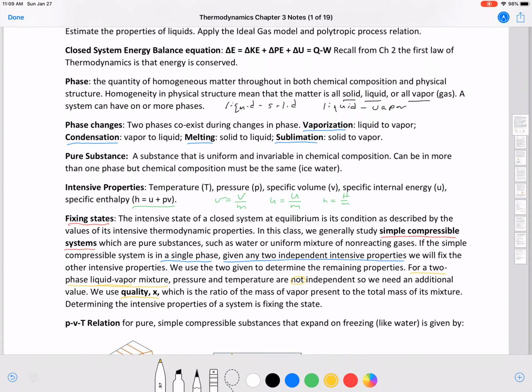We'll see some other formulas we can use to find that, but essentially we're just finding where we are in the vapor dome, which we'll get to in just a minute, and it'll make more sense. But determining the intensive properties is fixing the state.